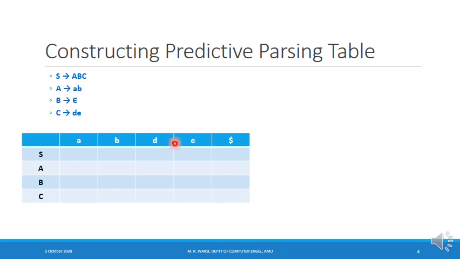Entries in the parsing table either contain a production of the grammar or they are blank entries. Blank entries denote error conditions. So, constructing the predictive parsing table means determining which production of the grammar will go at which location in the parsing table.